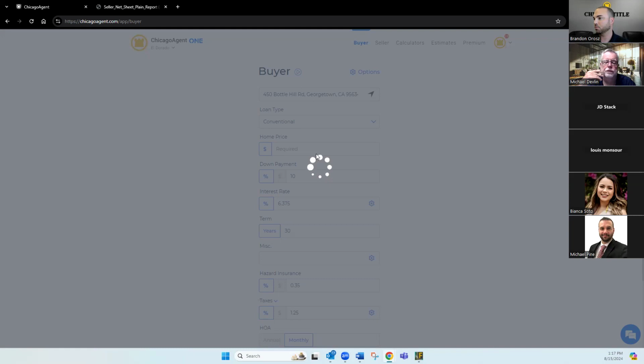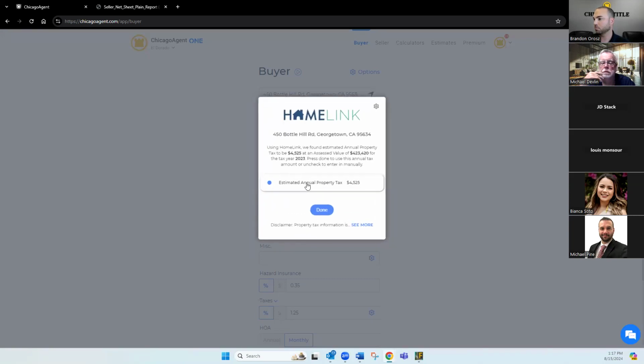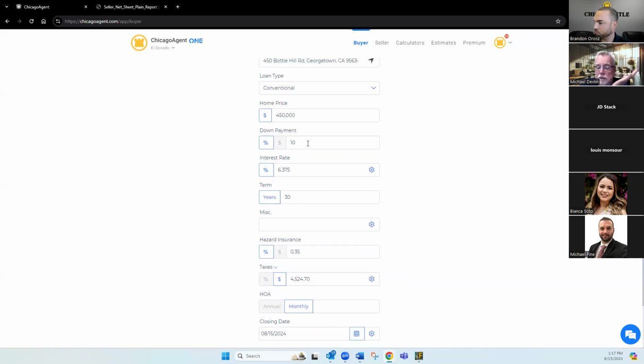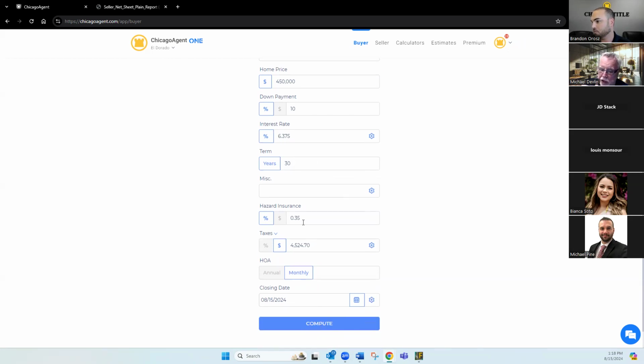The price was 450. The tax is the same. And then today's interest rate, that's probably not too far off. 30-year fixed rate loan. Hazard insurance, I haven't ever checked the math, but that looks like a factor that's been around a while. I'm not going to argue with it because you know more.